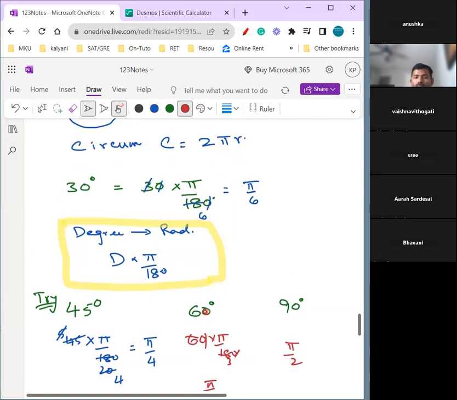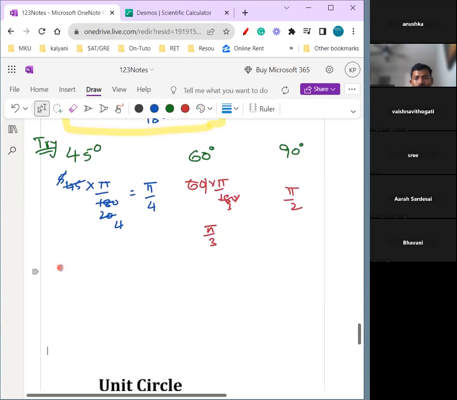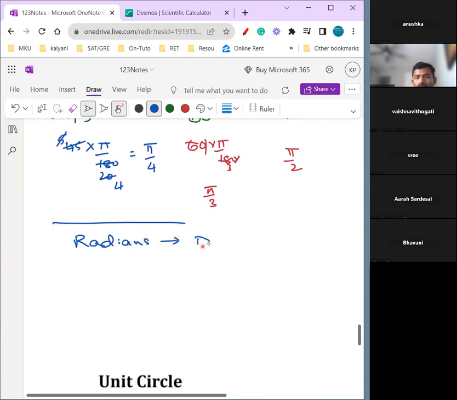And I'll go backwards now, okay? So we're gonna do radians to degrees now. Whenever you have radians and you want to convert into degrees, the rule is radians times 180 over pi.